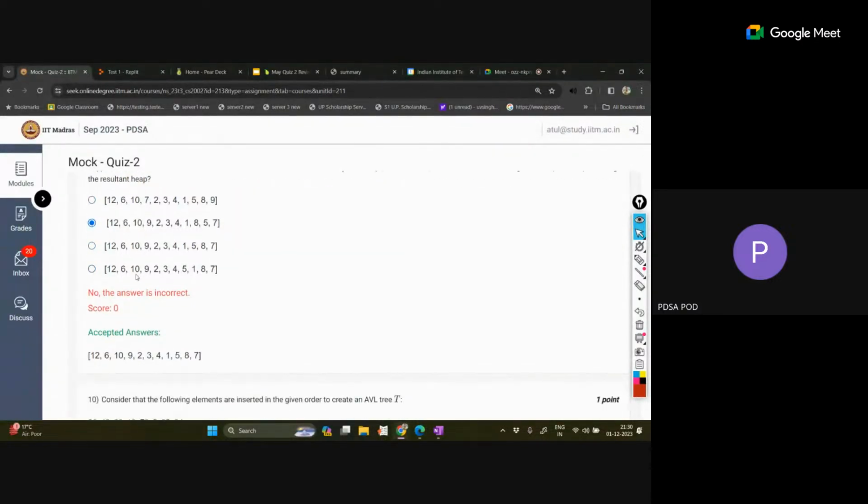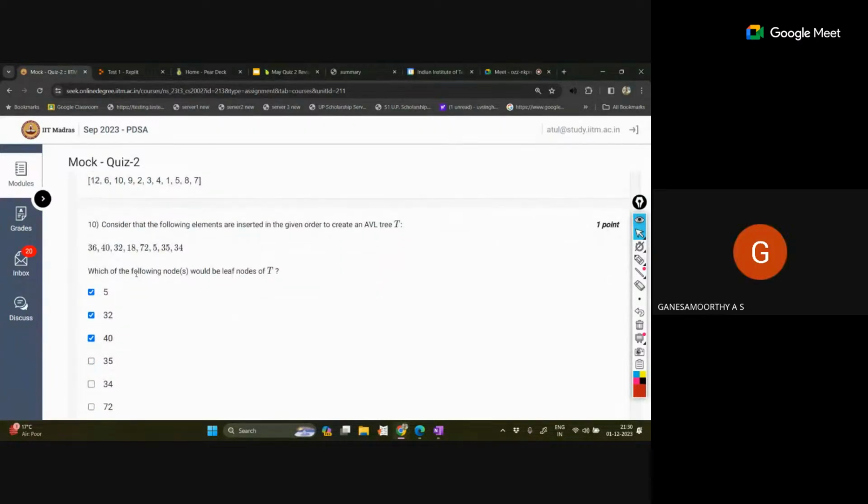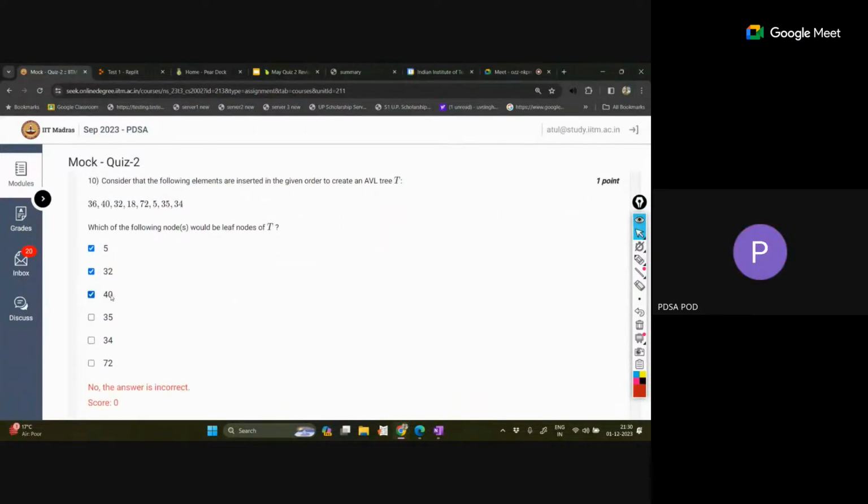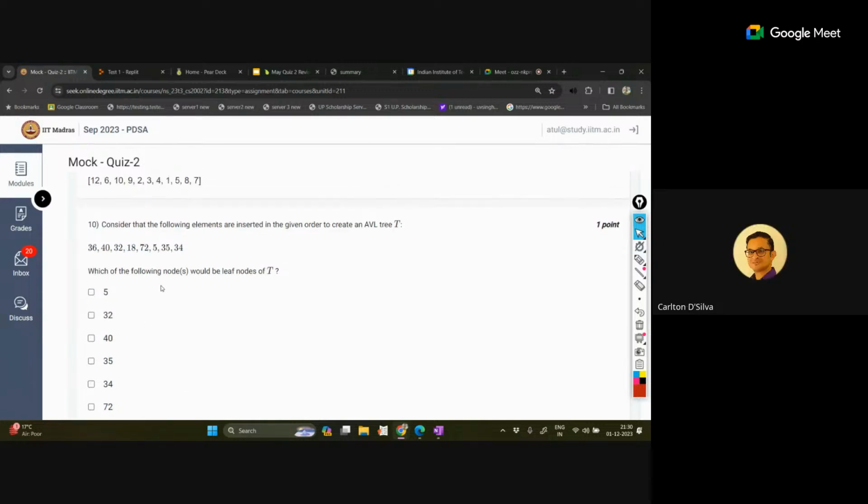It is also obvious from the question, because it says which of the following nodes would be the leaf.